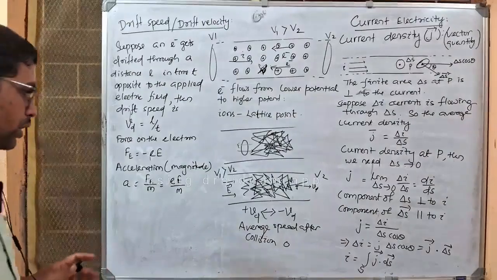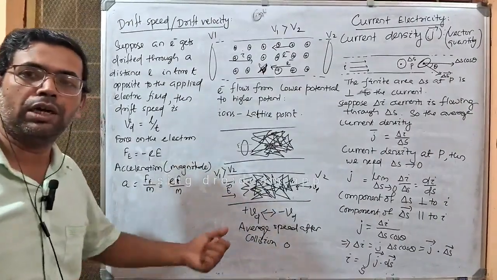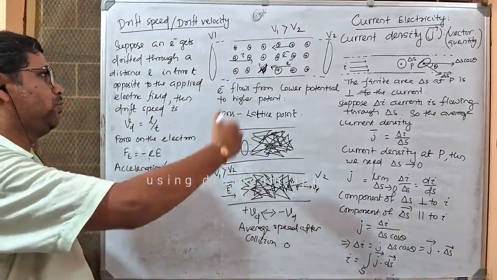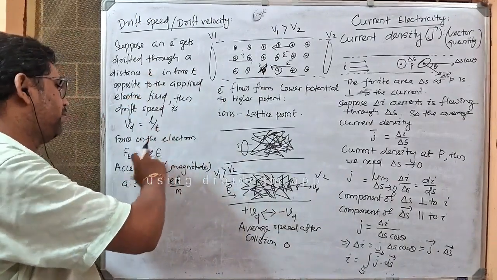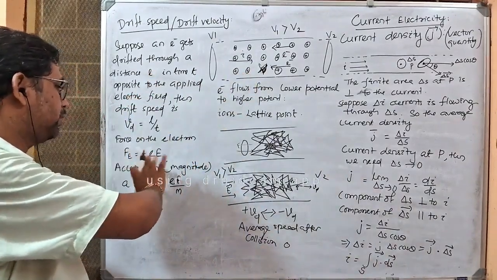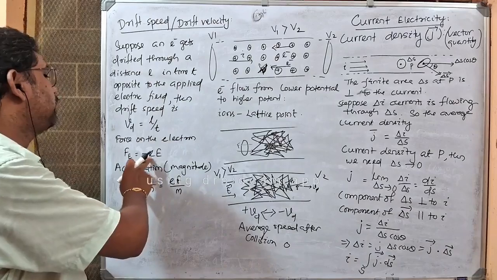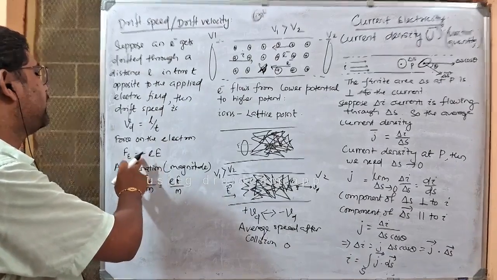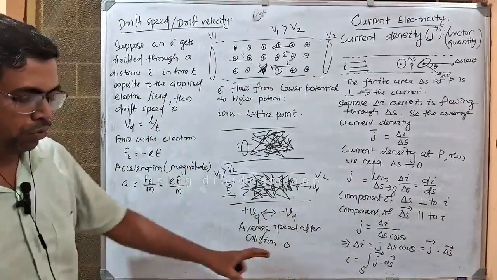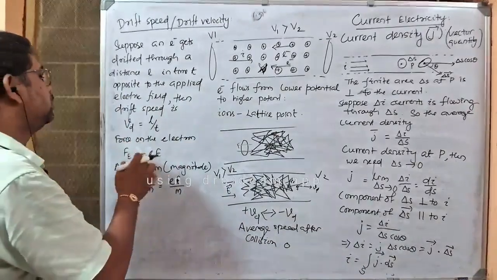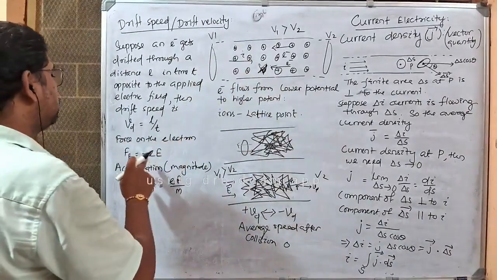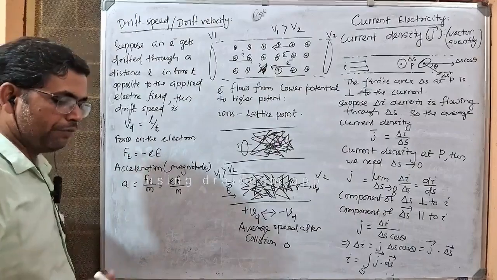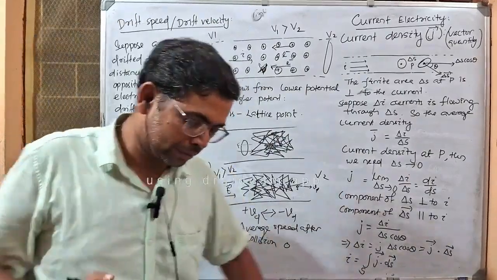I am using only magnitude, so I removed the negative sign. We know its direction, so there is no need to give any plus or minus sign for the vector quantity.